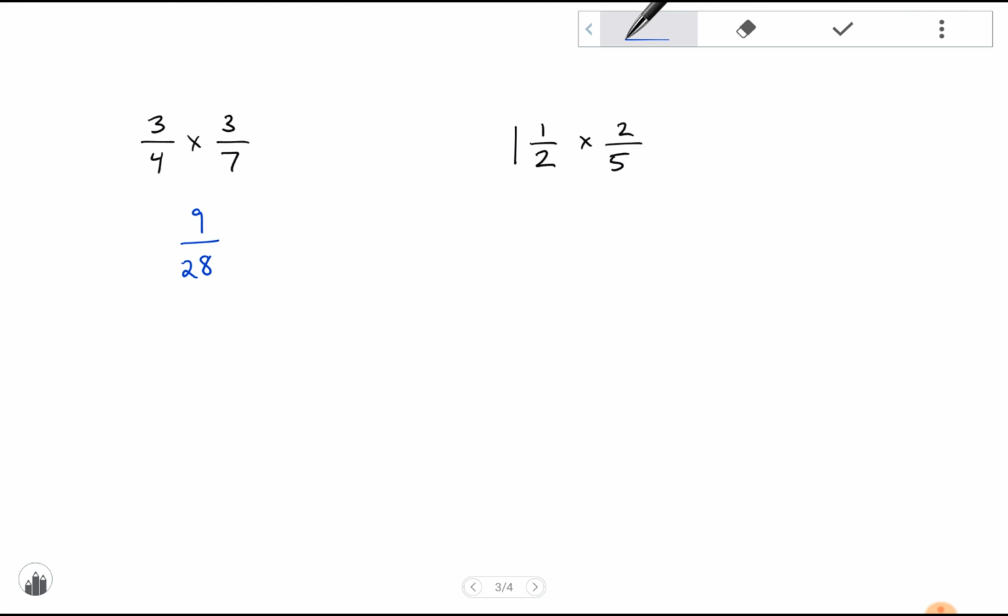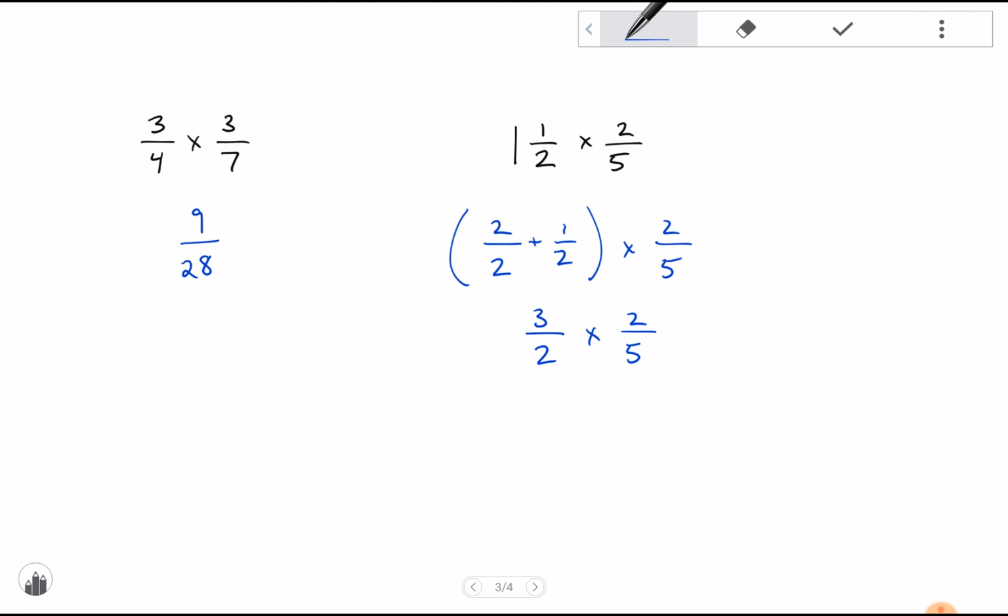Here, this requires one extra step. So 1.5 is the same as 1, if I'm using a denominator of 2, is 2 over 2, and 1 over 2. So 1.5, I can rewrite as 2 over 2 plus 1 over 2. And I'm still multiplying that number by 2/5. Well, 2 over 2 plus 1 over 2 is 3 over 2. So 1.5 is 3/2.